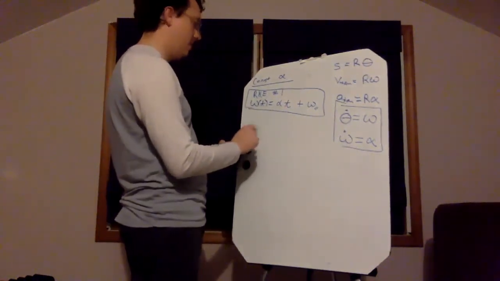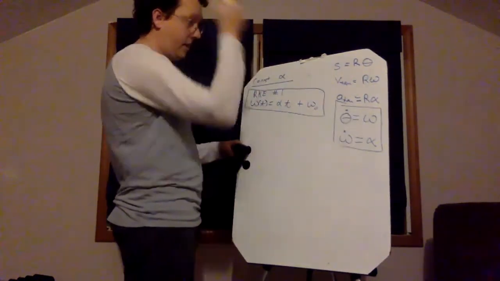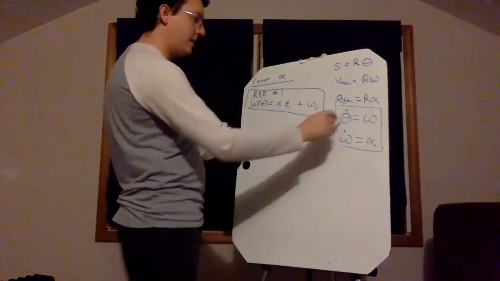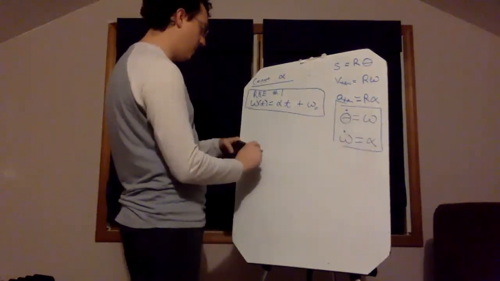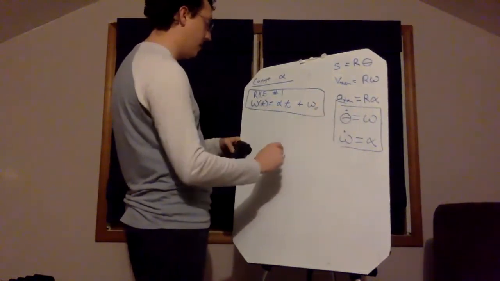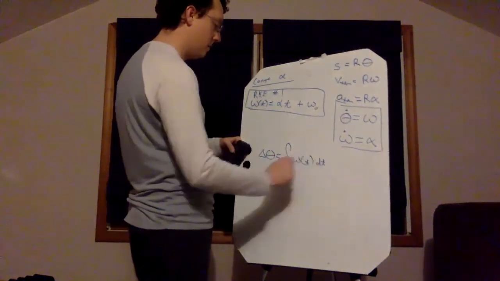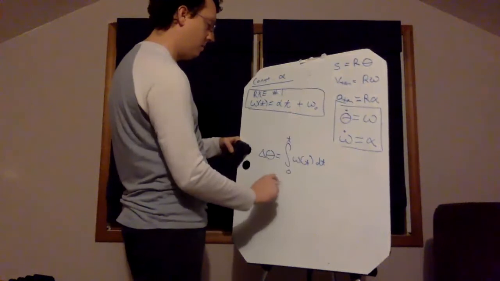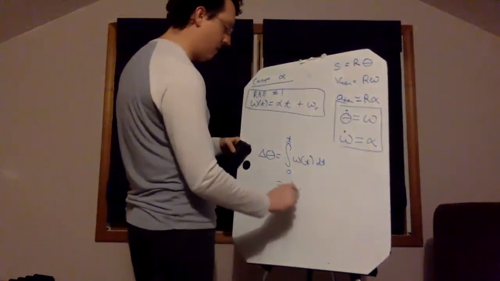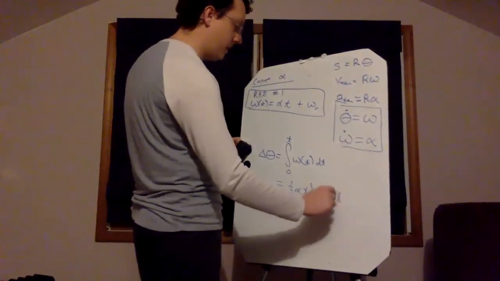Similarly, once we have this, we could go back and look at theta dot, and integrate both sides of this. So we would get the change in theta equals the integral of omega from 0 to time t. But that's nothing other than 1/2 alpha t squared plus omega initial times t.